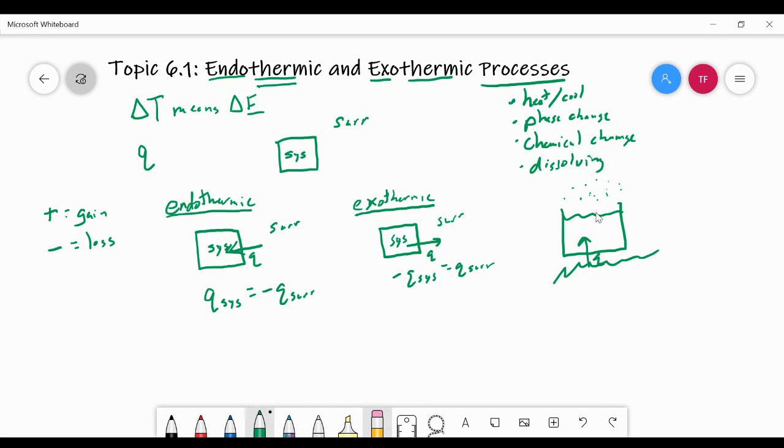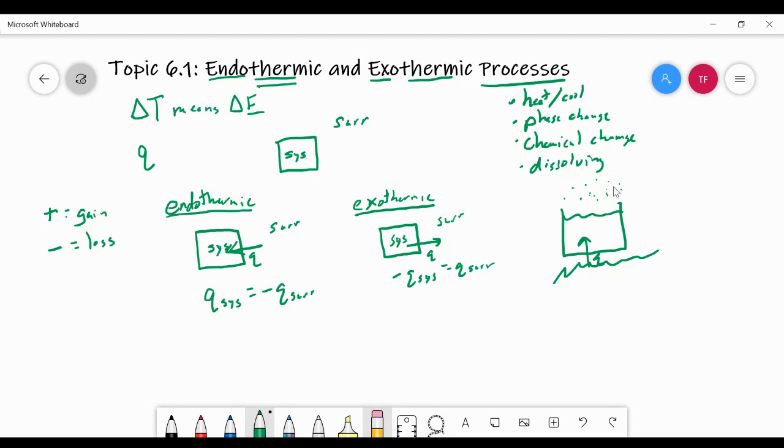What about condensing? What if the steam all of a sudden condenses back into water? Well, do the water molecules speed up or slow down when they condense? Hopefully you said that they're slowing down. As they condense, they're forming bonds, and so they are going to release that energy, which is an exothermic process.